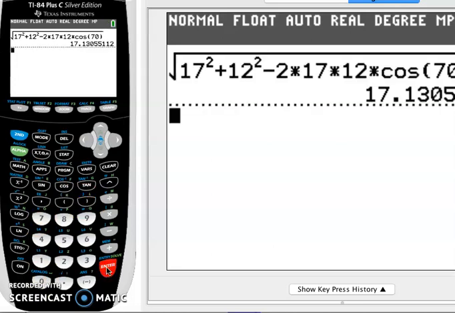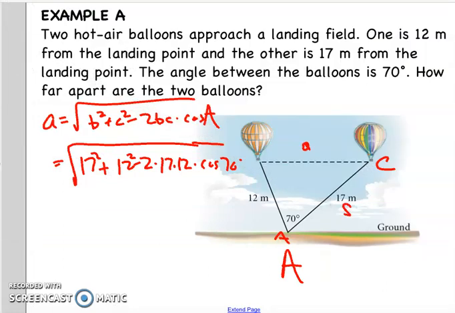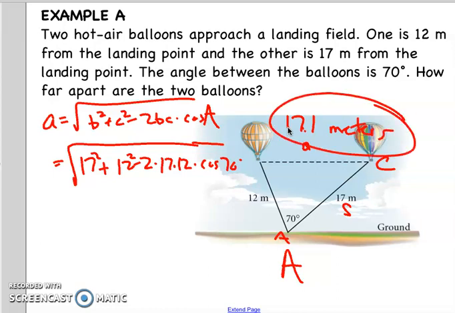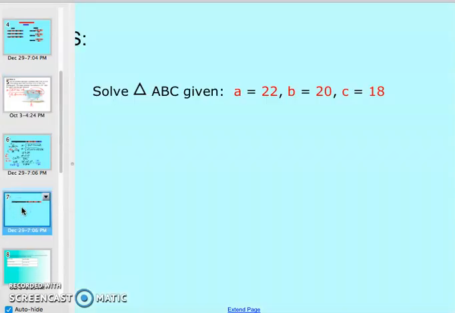And the answer is about 17.1. So again, a nice, similar formula to use. They're about 17.1 meters apart. And there's just a couple of examples for you. Let's see what else we have here.